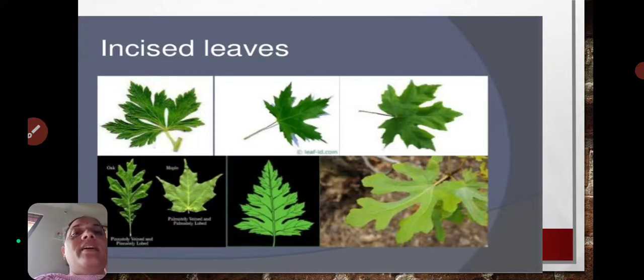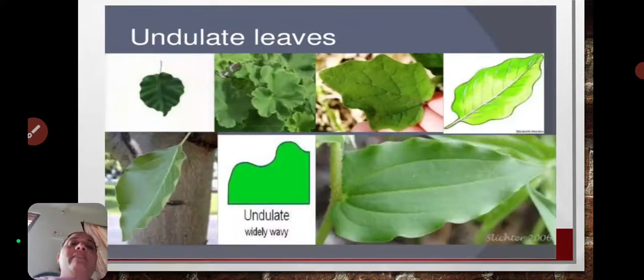So we can't recognize one particular shape. These are called incised leaves.